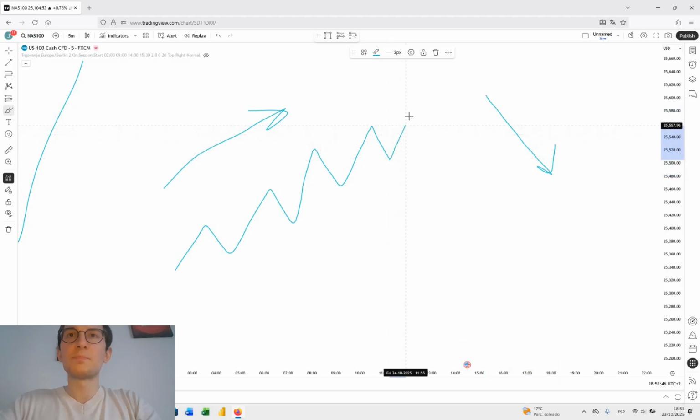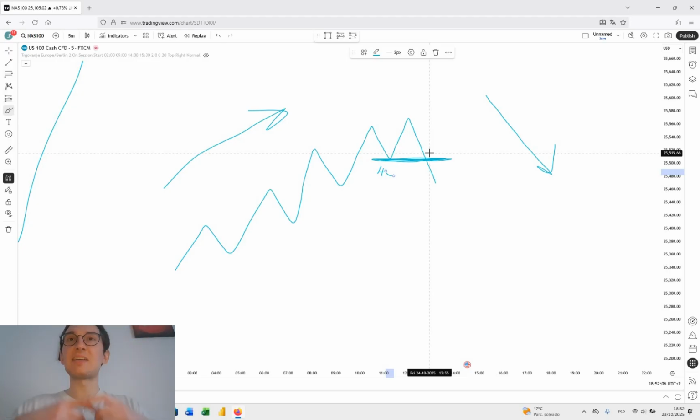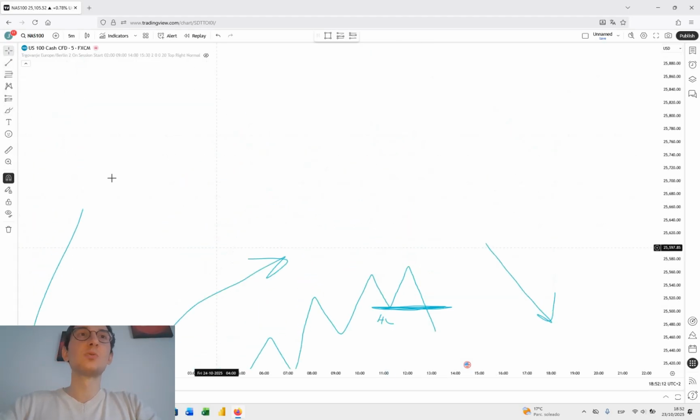We have to go a little bit up and then down, just enough that we close below this higher low. We close here, and now we have the potential to start going bearish. You understand what I mean? So it's super simple.